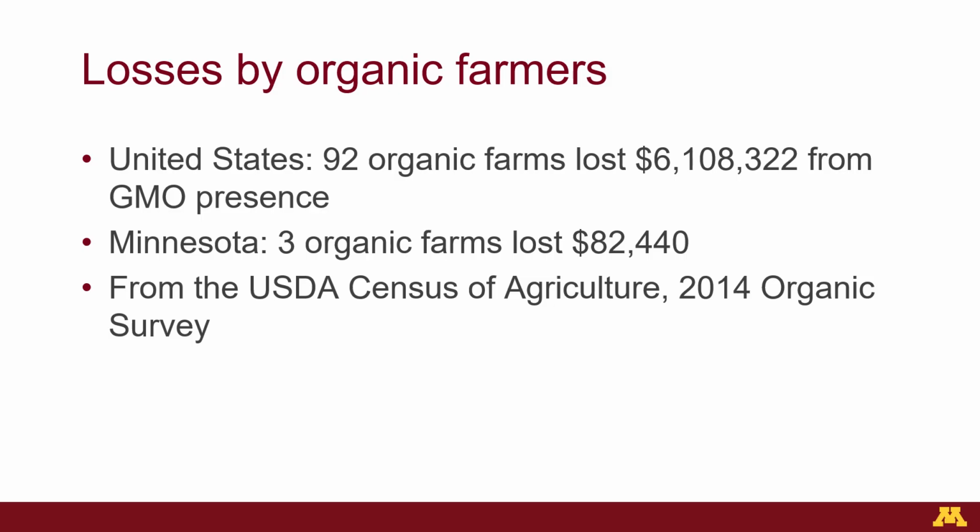According to the USDA, 92 farms reported that they lost value from their organic crops due to GMO contamination between 2011 and 2014. In Minnesota, 3 farms reported losing a total of $82,440 in value from their crops. There are likely many unreported cases.